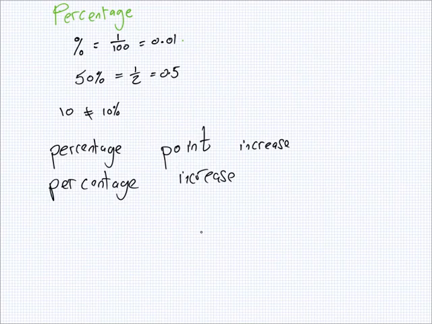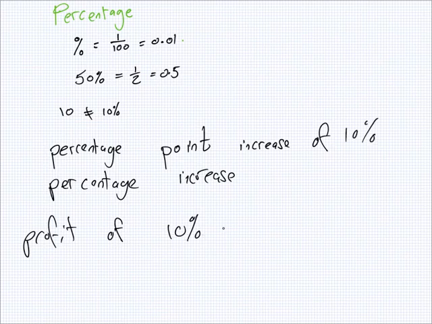So if you have a profit of 10%, a percentage point increase of 10% and percentage increase of 10%. So profit of 10%, percentage point increase of 10% means it becomes 20.